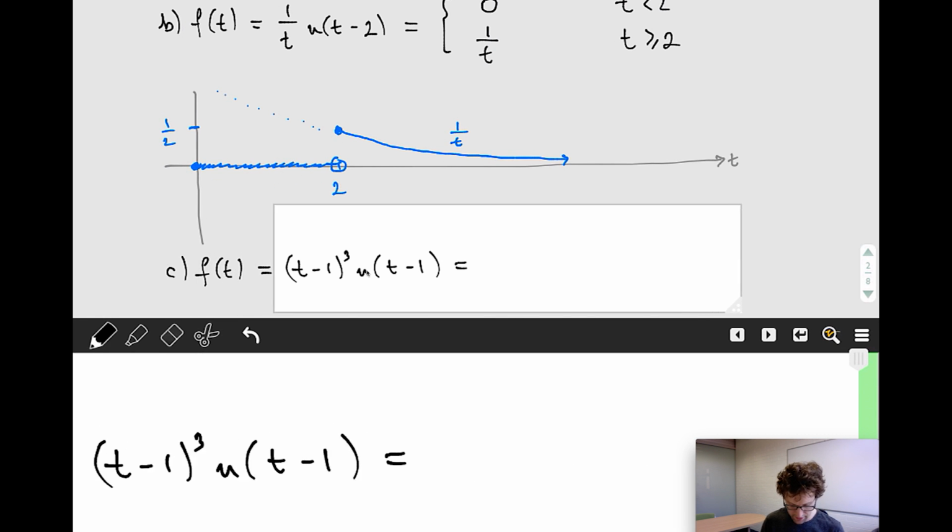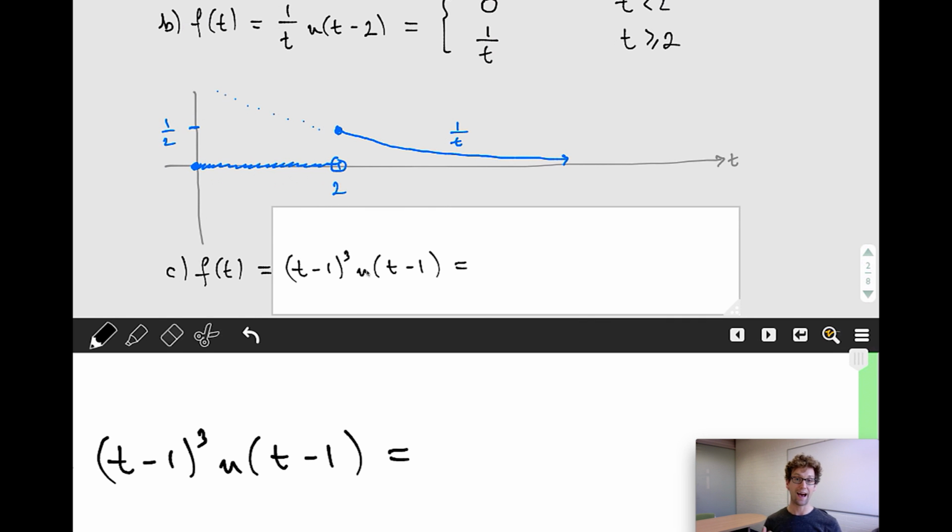So again, that Heaviside is hinting to us, it's telling us how to divide up our values of t. So it's saying we should look at t less than 1 and t greater than or equal to 1. That Heaviside is switching things on at t is equal to 1. So that's where we need to divide up our values of t.